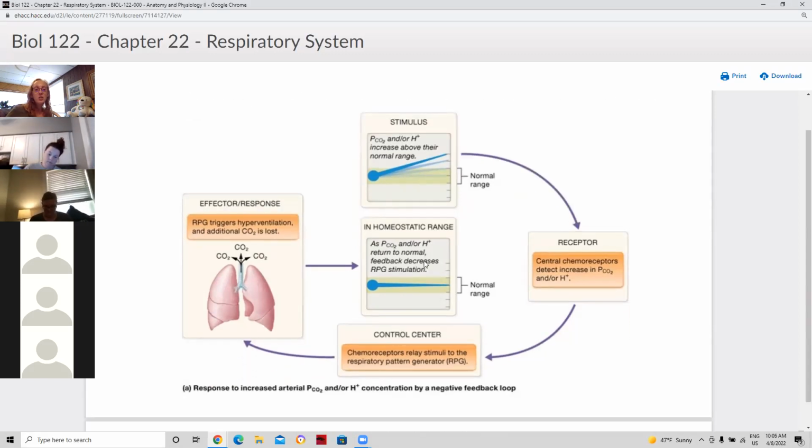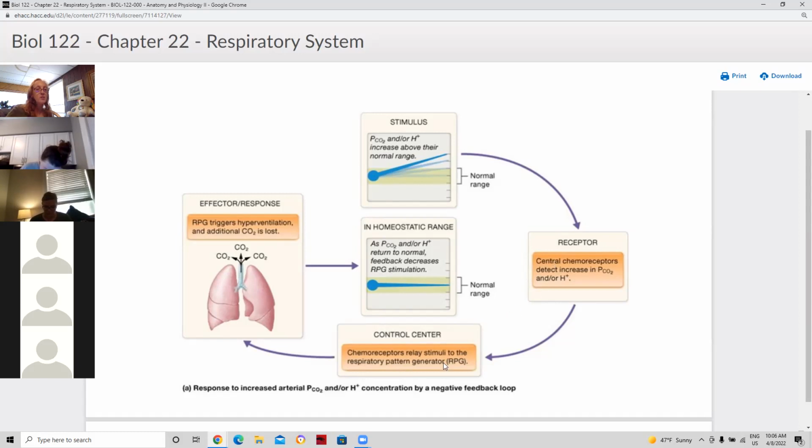So starting in one place, partial pressure of carbon dioxide or hydrogen ion levels are increasing above their normal range. The central chemoreceptors in the medulla oblongata and the pons detect this increased amount of carbon dioxide or hydrogen ion levels.